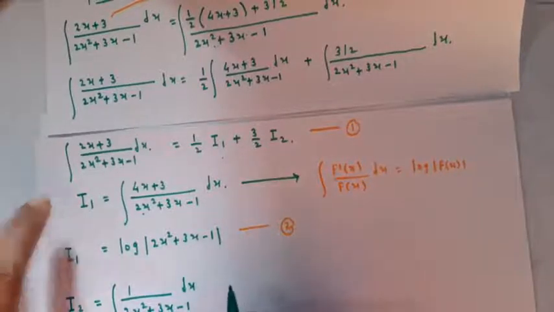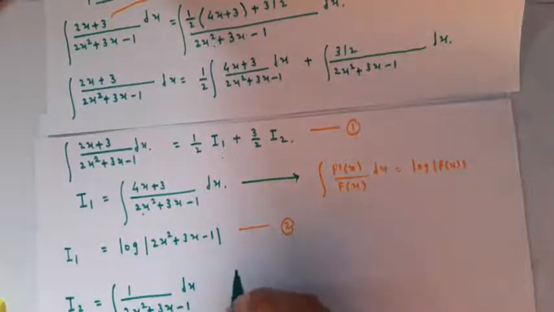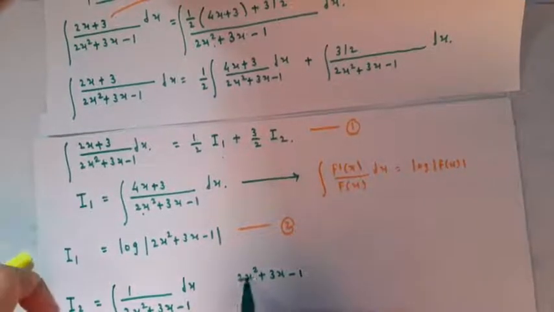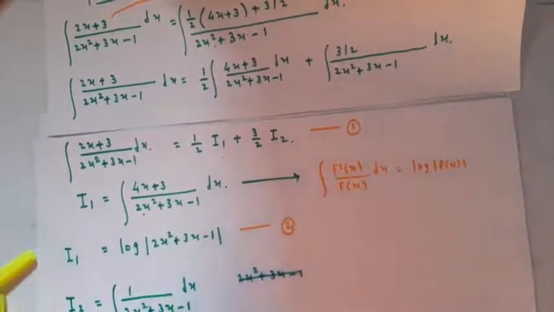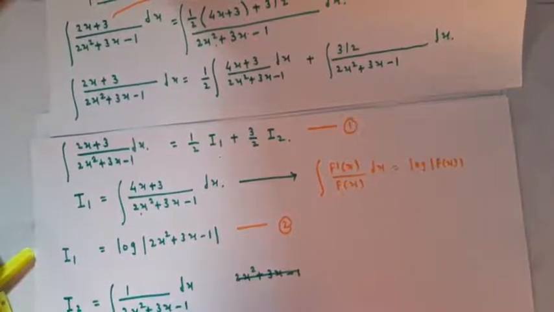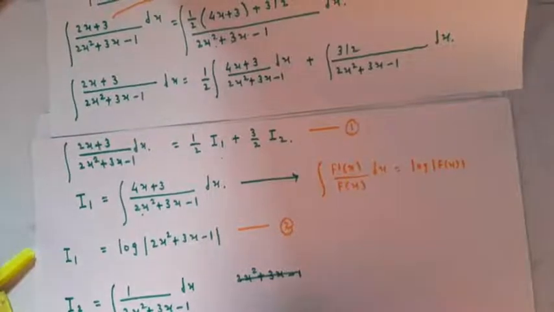Okay students, so simplify the term 2x square plus 3x minus 1. Simplify means first take common, that is divide the denominator by 2, and we will get 1/2 into x square plus 3/2x minus 1/2 with respect to x.